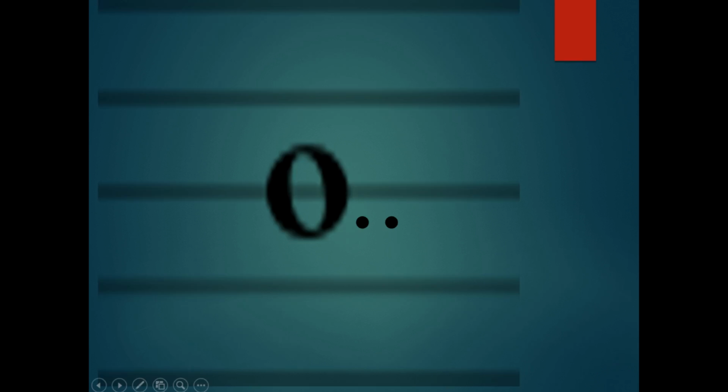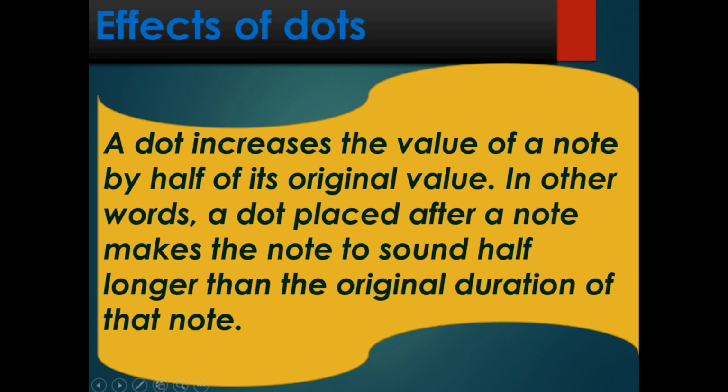You have the original note, and then you have the first dot, and you have the second dot. Don't forget, I told you earlier that the dot increases the sound of the note by half of its original value. That is the effect of the dot.